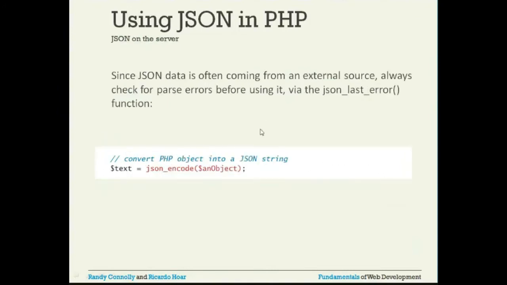And how to convert back to the text? The json_encode method. Since JSON data is often coming from an external source, always check for the parse error before using it via json_last_error, because you are getting the information. Suppose you are consuming some web service and it is giving the data as JSON.